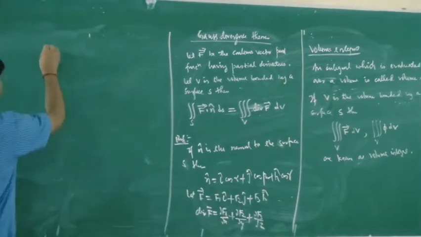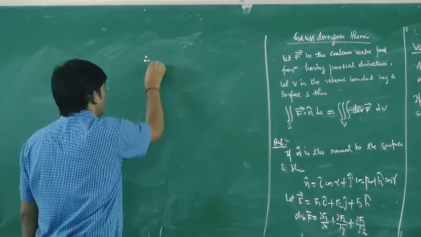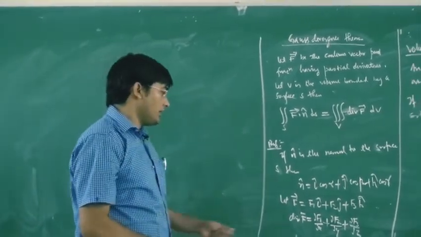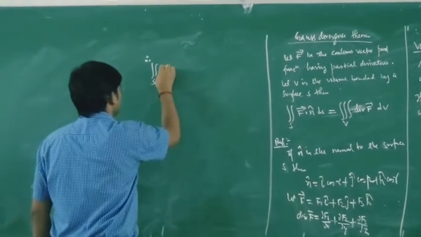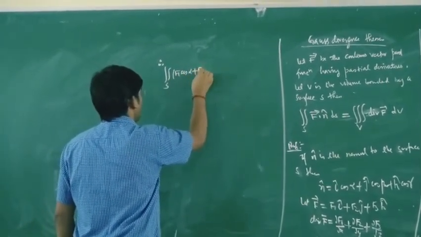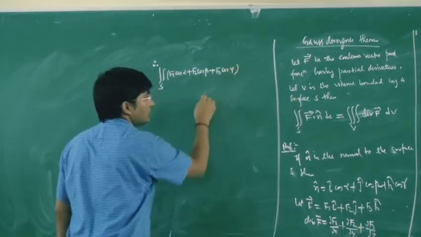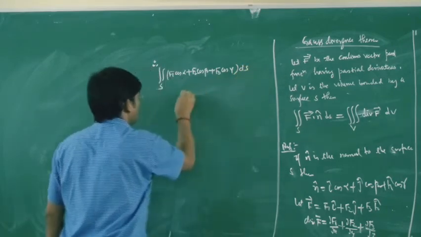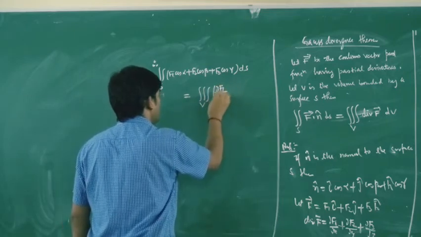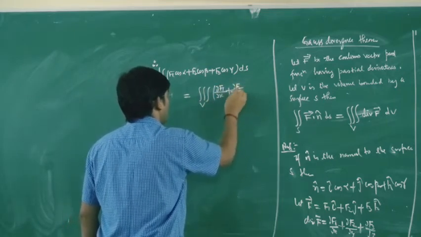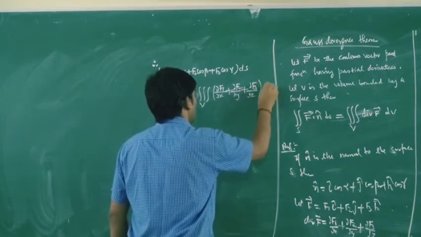So therefore, your surface integral, your f dot n, will be f1 cos alpha plus f2 cos beta plus f3 cos gamma into ds, is equal to this volume integral of del f1 upon del x plus del f2 upon del y plus del f3 upon del z into dx dy dz.